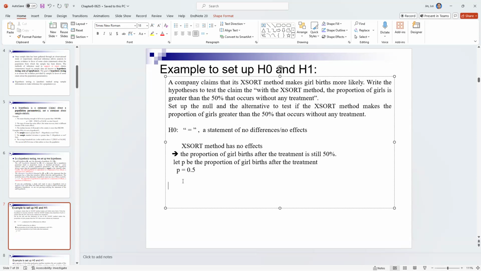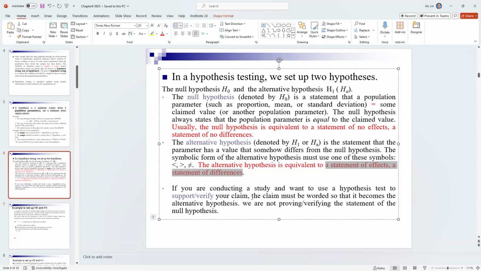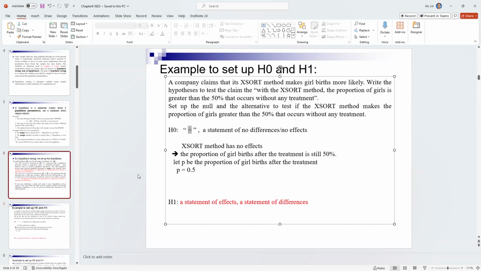And let's see what the alternative hypothesis is for this case. The alternative hypothesis is a statement of difference or a statement of effects, right? Also, we don't have an equal sign in the alternative hypothesis.